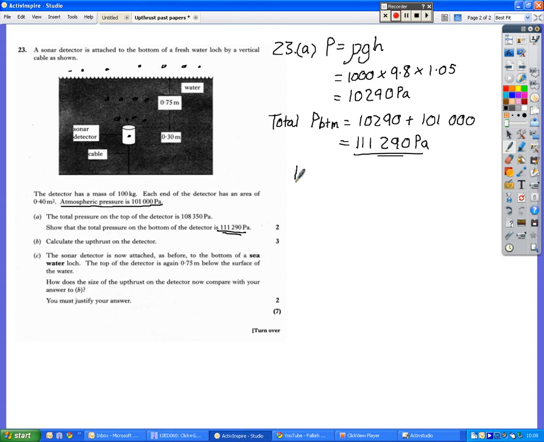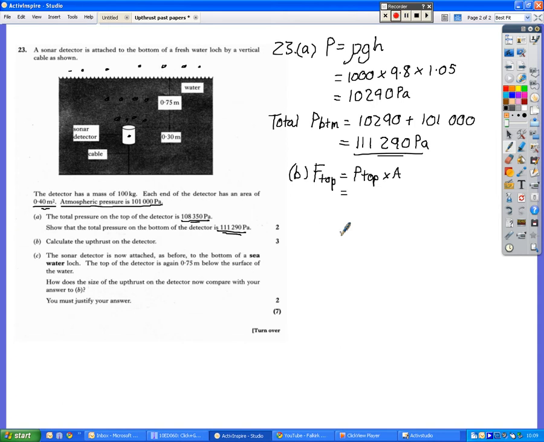Now B, calculate the upthrust on the detector. So we're looking to calculate the force. We've already got the total pressure on the bottom here. The total pressure on the top is given here as well. We also know what the area is, so we can do a couple of simple calculations and then subtract the difference. The force on the top is equal to the pressure on the top multiplied by the area.